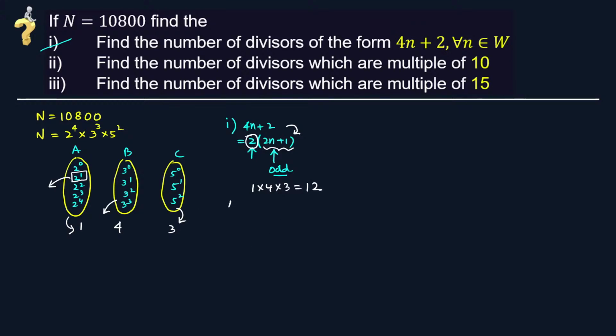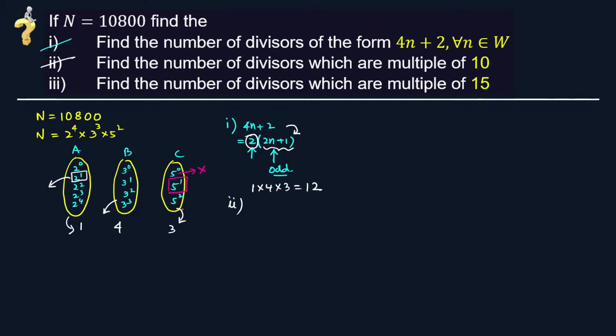Okay, now let us come to the second one, which states, find the number of divisors which are multiples of 10. Multiple of 10. Now what to do? Multiple of 10 means I need a 5. This 5 I need, not only this 5, any 5. But I don't need 5 to the power 0.